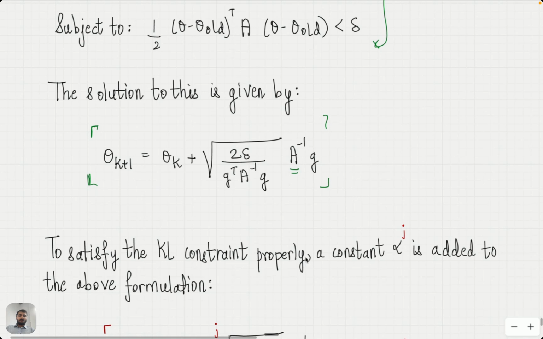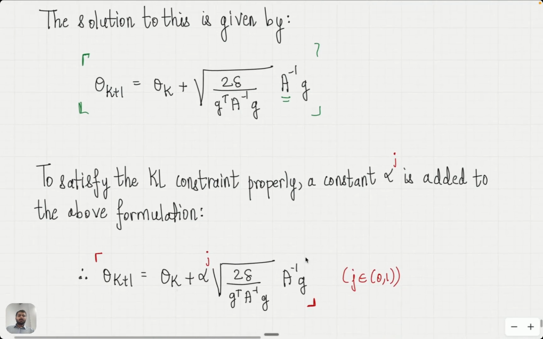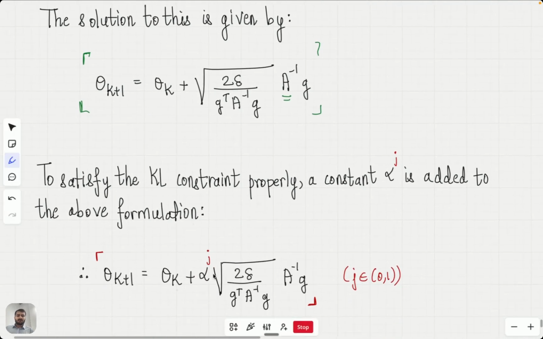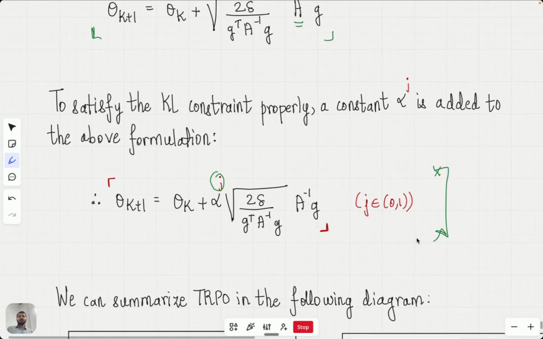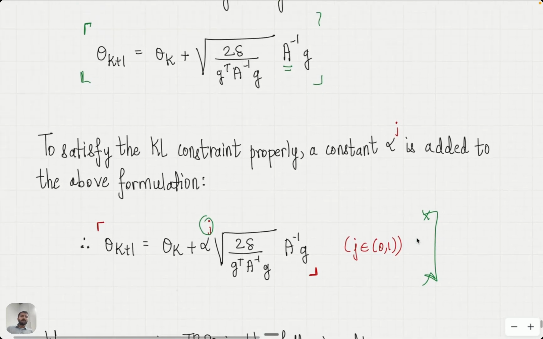Okay, so now to satisfy the KL constraint properly, one factor is added which is called alpha j over here. So this is the final expression that we get, which solves the constraint optimization problem given by TRPO.